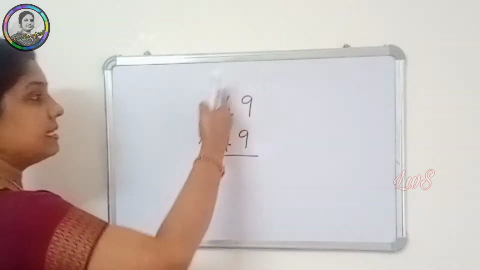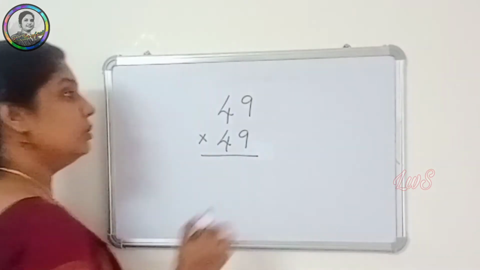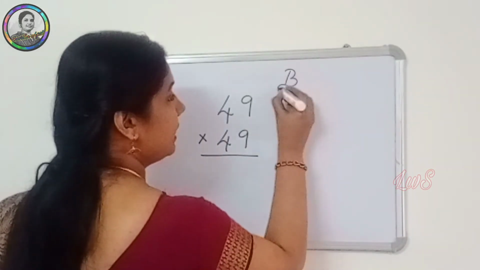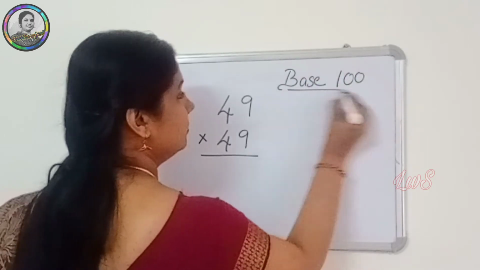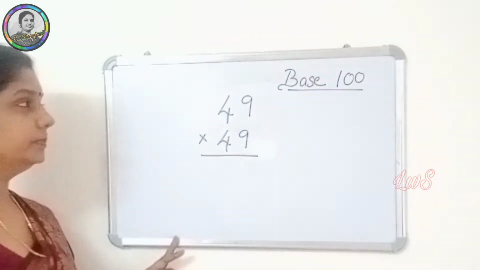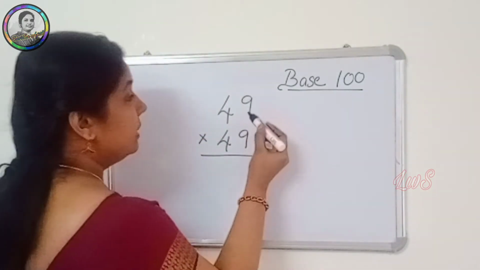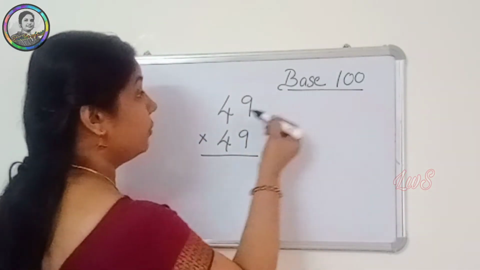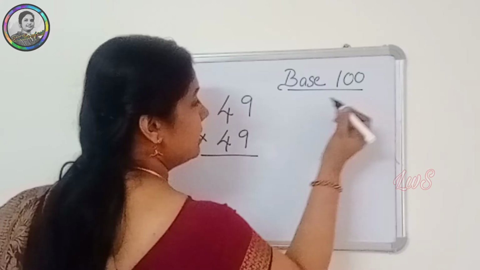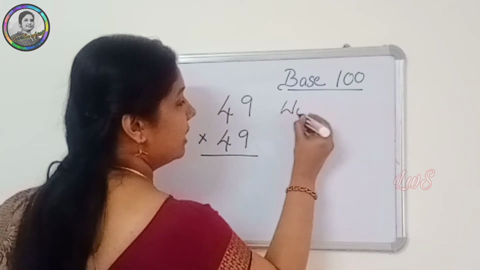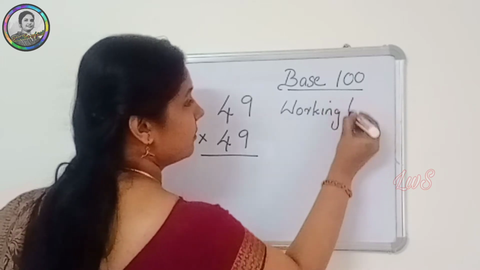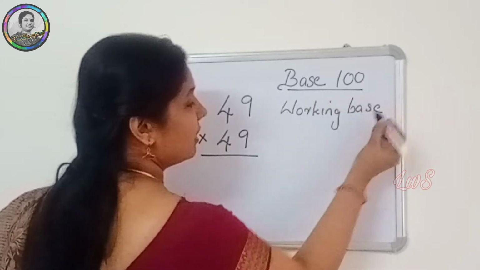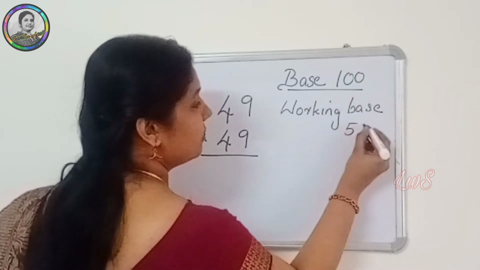Here, this is a 2-digit number. So, usually we take the base as 100. Now, this 49 is far away from 100. We take another base which is called the working base, which we take as 50.